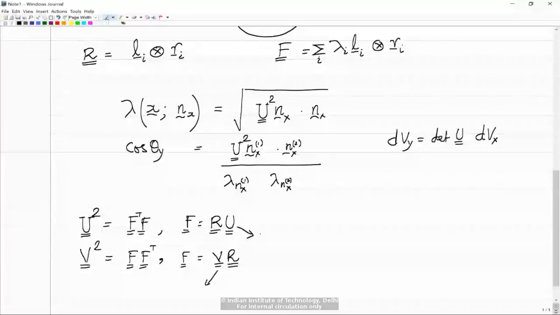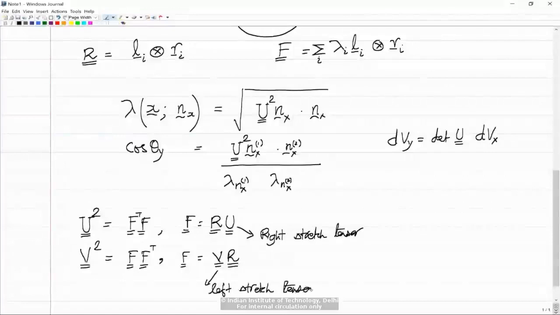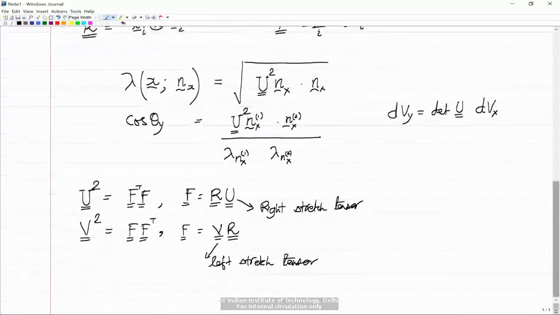So they also have a name. This u is called right stretch tensor, whereas this v is called left stretch tensor, because of the location, the way it is there. And this u square has got a name also, that is denoted by c.